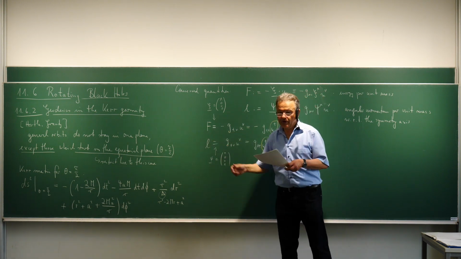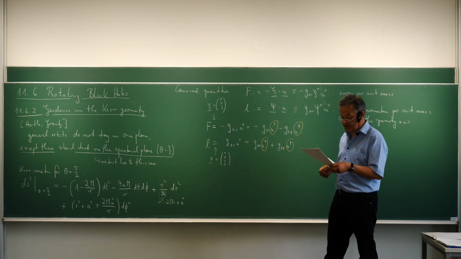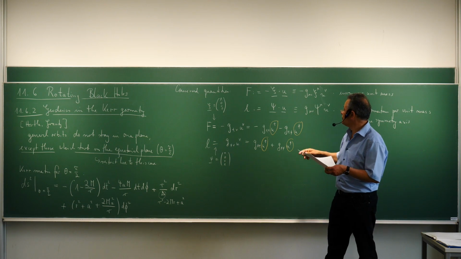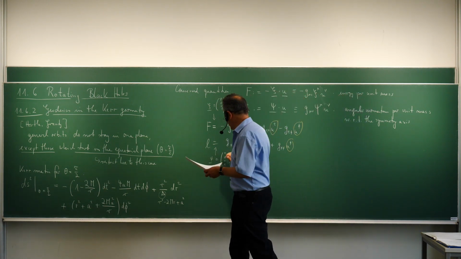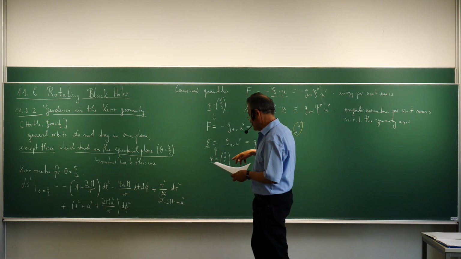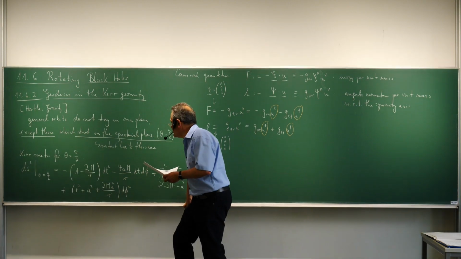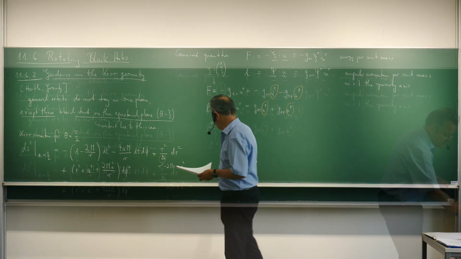These are the conserved quantities, so we have two equations for these two components that we can solve after inserting the corresponding expressions for g_tt, g_t phi, and so on.